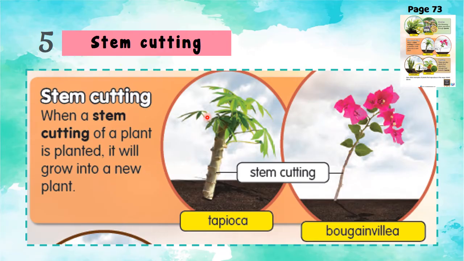Maksudnya, jika ada satu tumbuhan yang telah hidup, subur, sebahagian batangnya diambil dan ditanam di tempat lain, akan tumbuh satu tumbuhan yang baru seperti tumbuhan yang asal. For example, tapioka, pokok ubi kayu, dan bougainvillea. Bougainvillea adalah pokok bunga kertas.